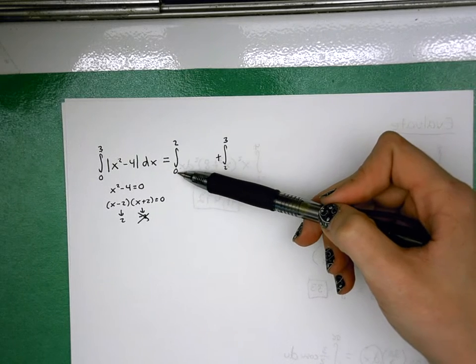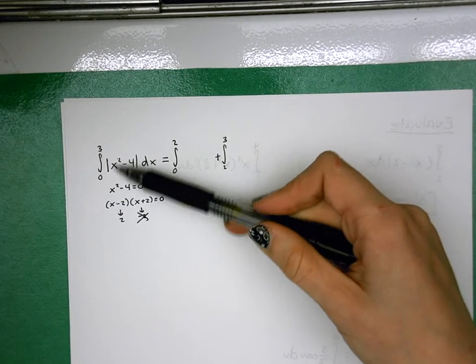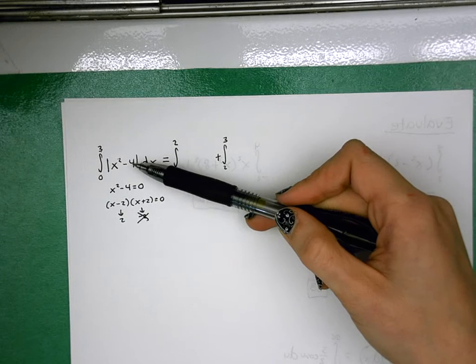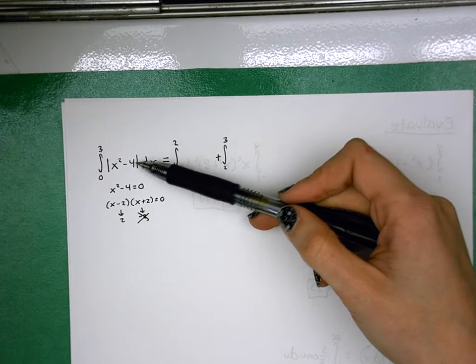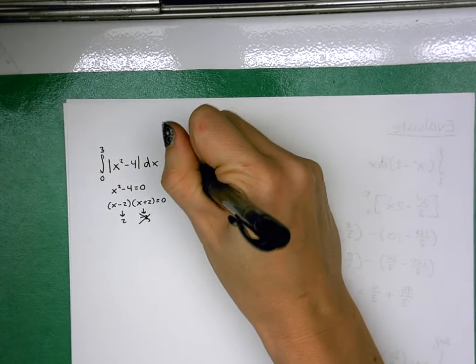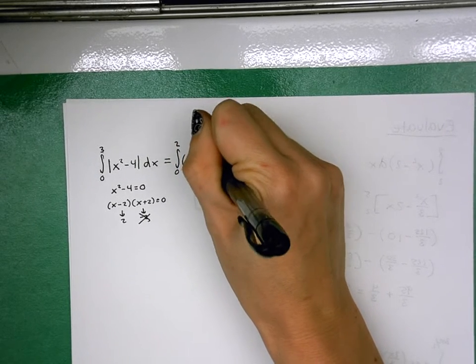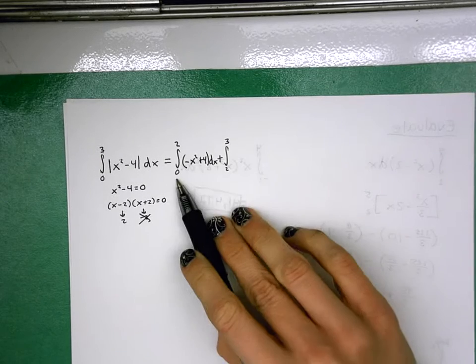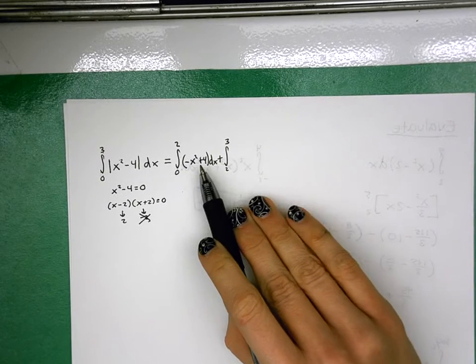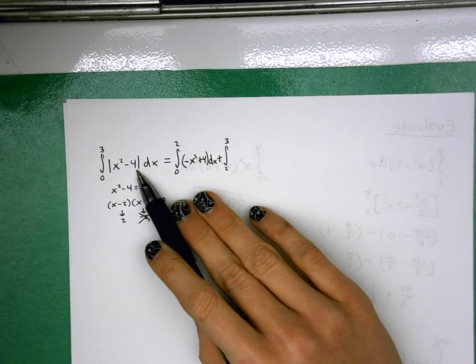Well, when I take, for example, 0 and plug it into my x squared minus 4, I get 0 minus 4, which is -4. An absolute value can't be negative. And so this x squared minus 4, which was -4, I now need to change that sign to be negative x squared plus 4. Because now when I plug in 0, I get positive 4, which is what the absolute value would have done. It would have forced it to be positive.